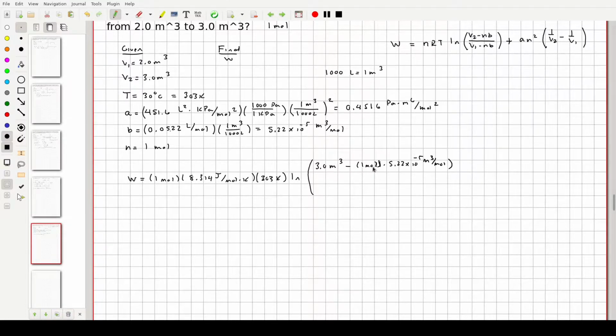As you can see, the mole here and the mole here are going to cancel, giving you cubic meters, and now you're dealing with volumes. You're going to divide that by 2.0 cubic meters, and then you're subtracting the same thing away.